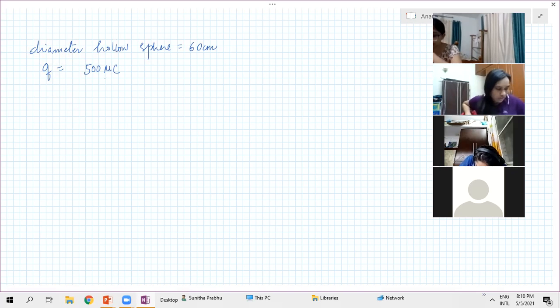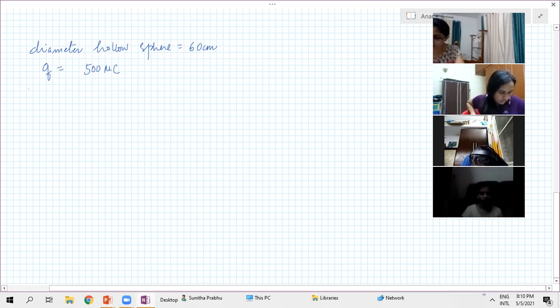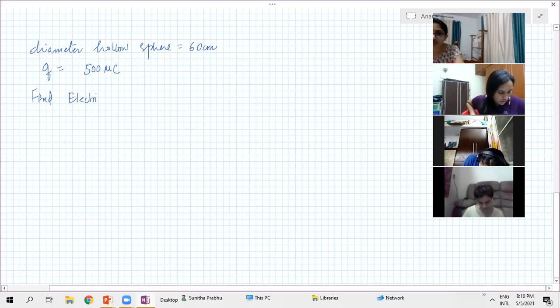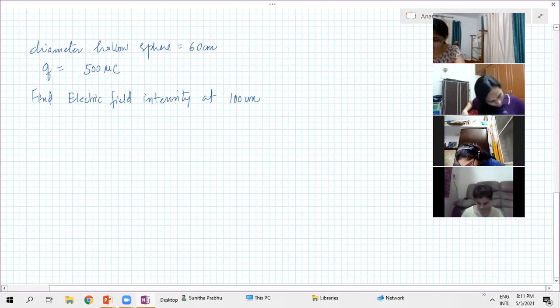Find the electric field intensity at a distance of 100 centimeters from the center of the sphere. Electric field intensity means electric field only. And at the surface of the sphere.